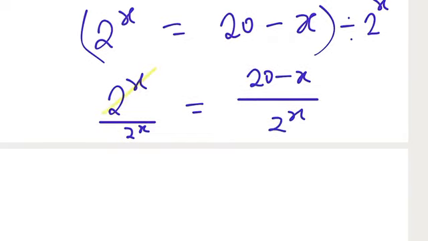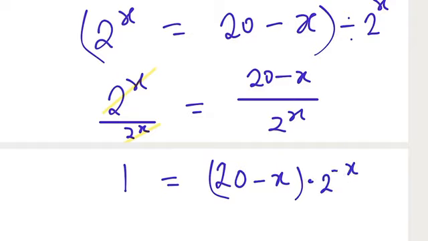So now from there, you see that we cancel this. So we're going to be having 1 equals, then here we're going to write 20 minus x, then multiply by 2 to the power of minus x. Or I should write it like this, 1 over 2 to the power of x.